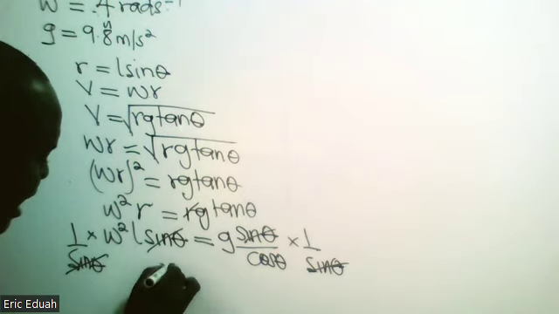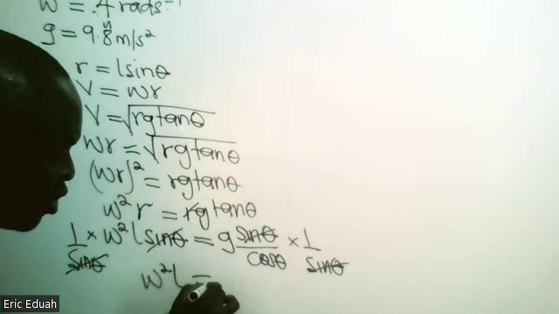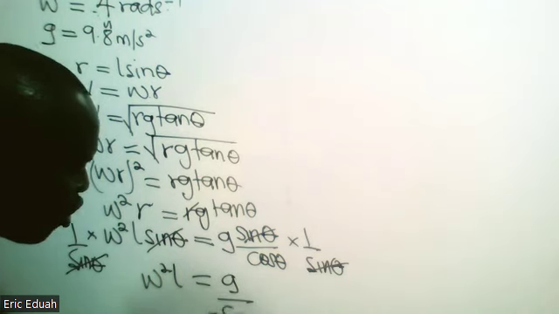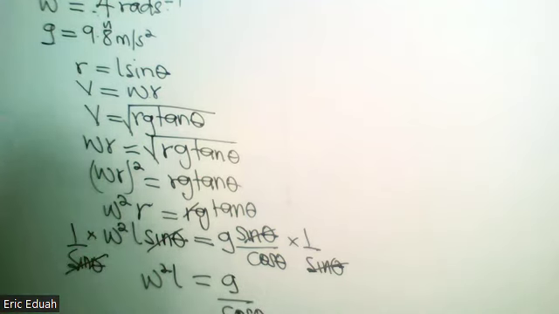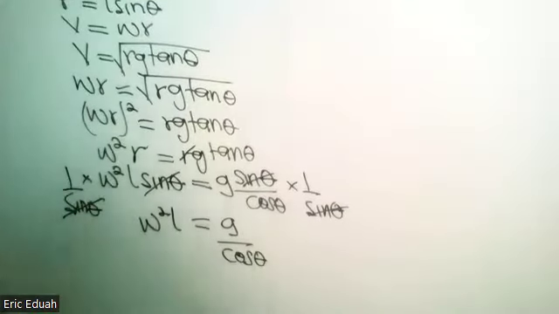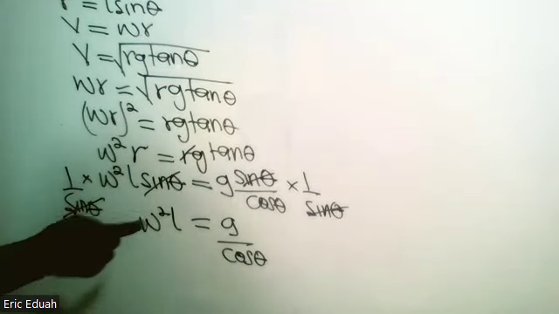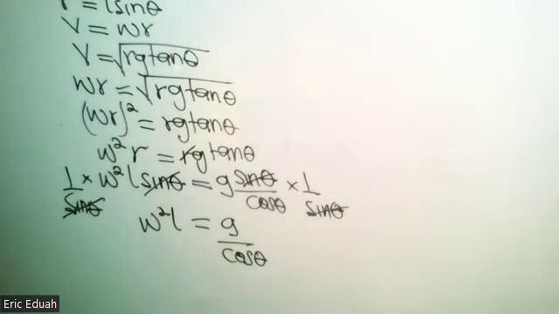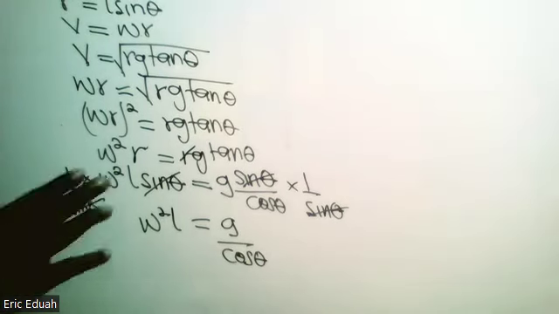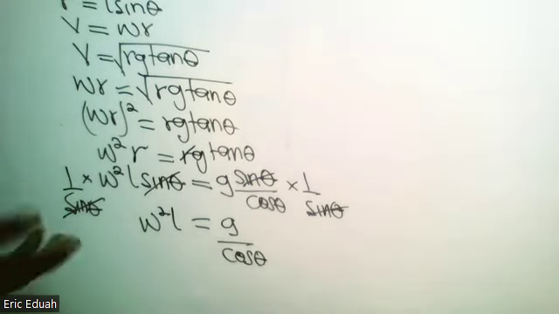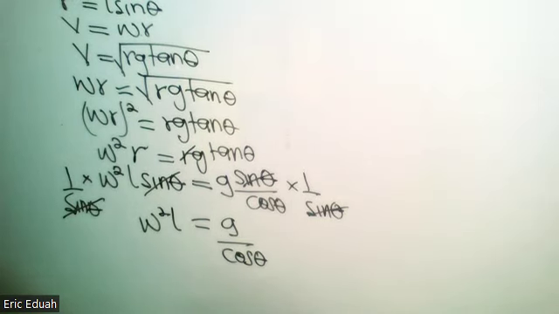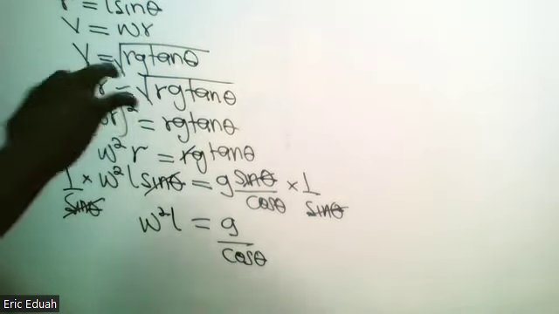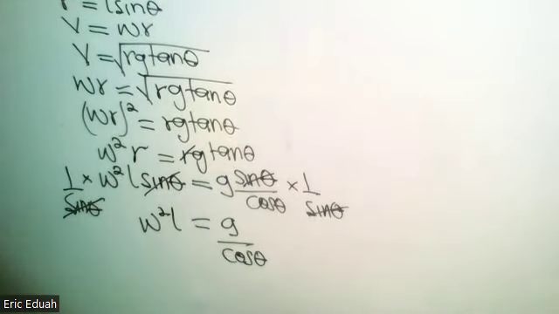Omega squared L is therefore equal to G over cos theta. It means that once you have omega, L, and G, you can find theta. So here you must have that knowledge to look around and see how best you can simplify things.